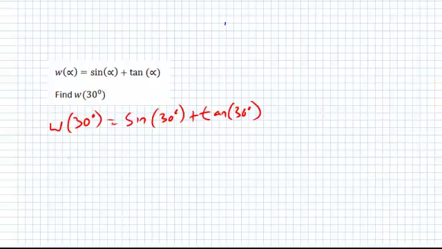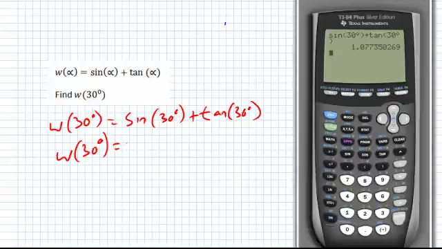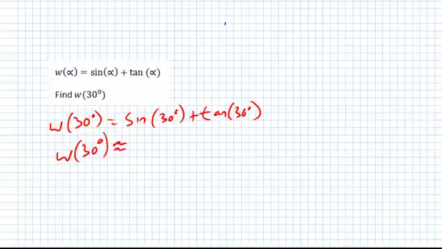So I can say that w of 30 degrees is equal to approximately 1.077. And notice I changed from an equal sign to an approximate sign because I had to round off a little bit. Make sure you do the same. And that's how you evaluate a function.